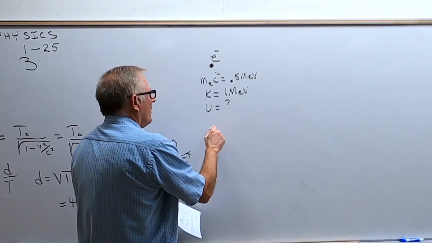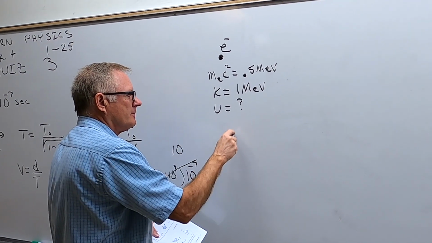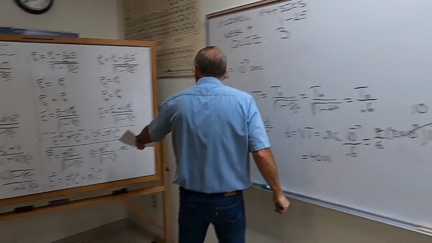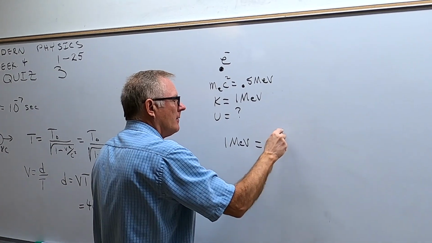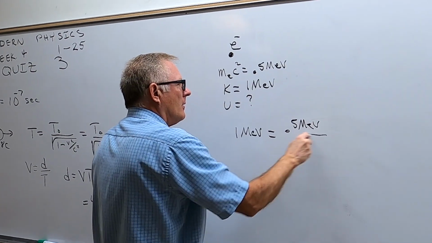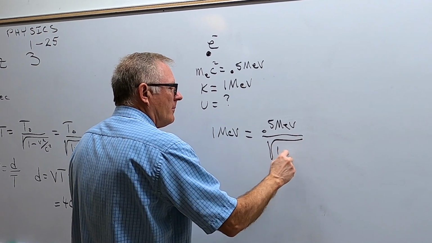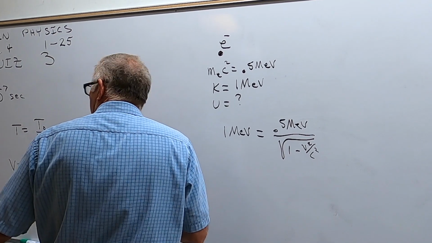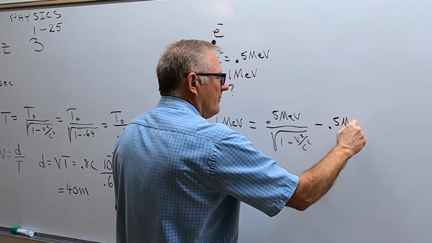So the kinetic energy, which is 1 MeV, equals mc squared, which we know is 0.5 MeV, all over the square root of 1 minus v squared over c squared, minus mc squared, minus 0.5 MeV.